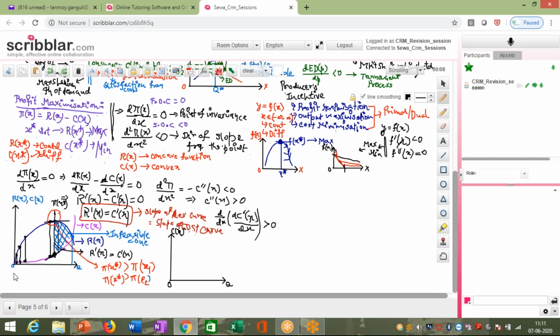Now let's have a look into this cost graph. So basically what you can see is that initially the rate of change is flat, right? And then gradually, after a point of time, the rate of addition to the costs is increasing, right? So what does this mean?